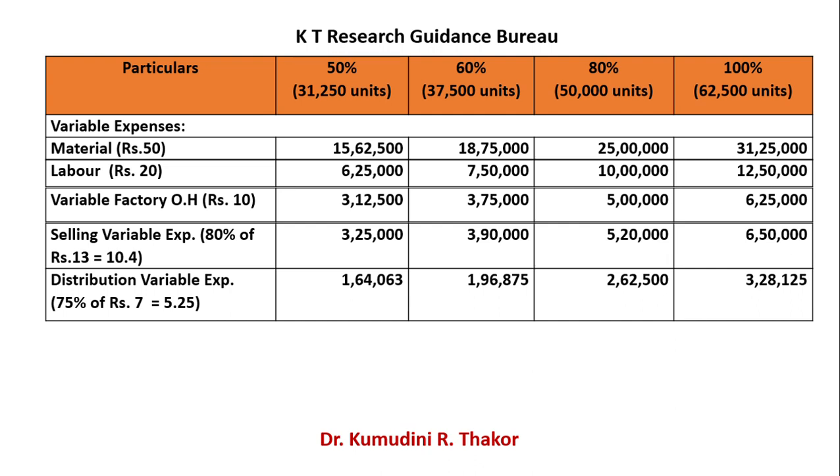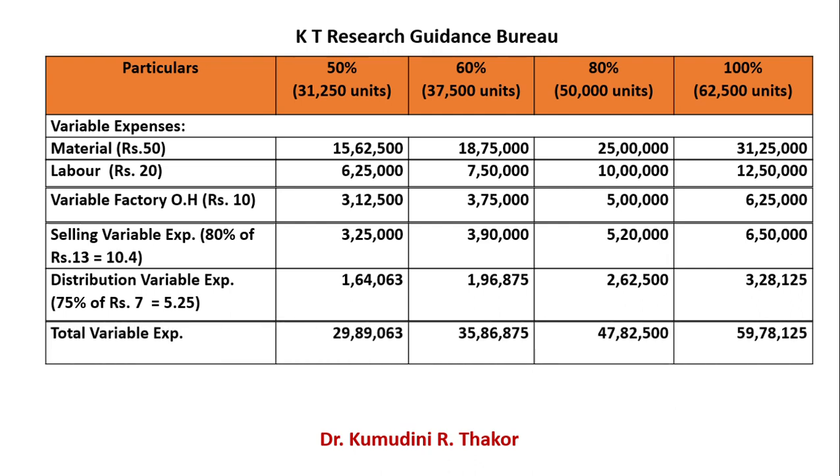We are the students of accountancy, so we know how to do sum total. So directly I will give you for 50%, 60%, 80% and 100%. So this is the calculation for variable expenses.